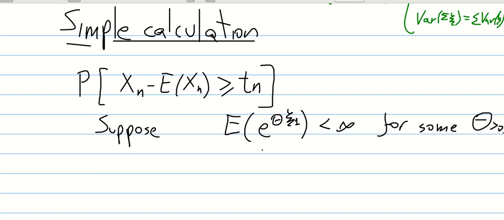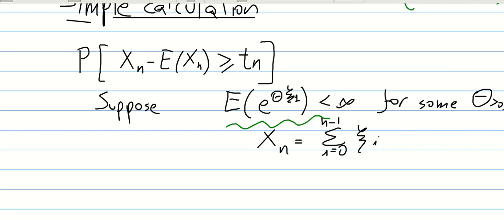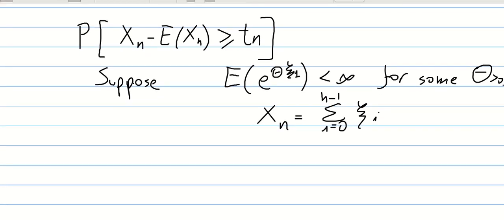So we definitely need this to continue from here, and again, X_n is going to be the sum of psi_i. So we definitely need this assumption to use the exponential as our phi here.